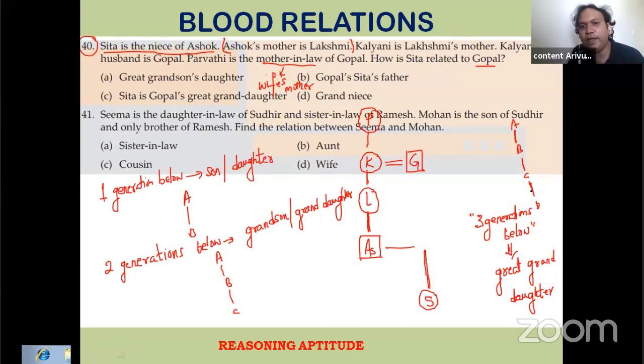Two generations below, grandson, granddaughter. Three generations below, great grandson, great granddaughter. This concept must be clear, so it will help you in various different questions. Similarly, we have father, and two generations grandfather, three generations great grandfather.